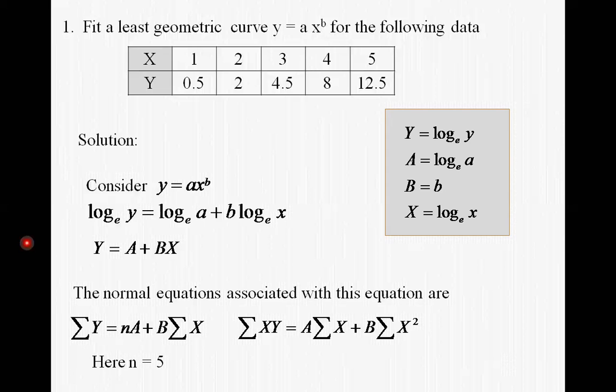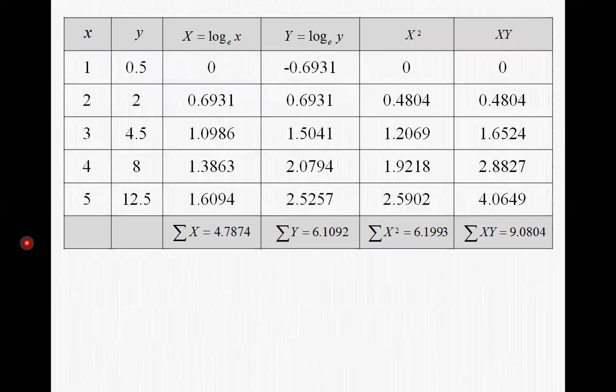From the given data, we have 5 terms, hence n equals 5. Now we construct a table. The values of x are 1, 2, 3, 4, 5. Corresponding values of y are 0.5, 2, 4.5, 8, 12.5.